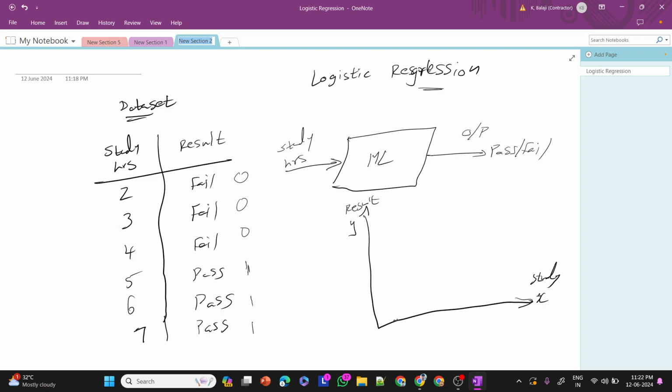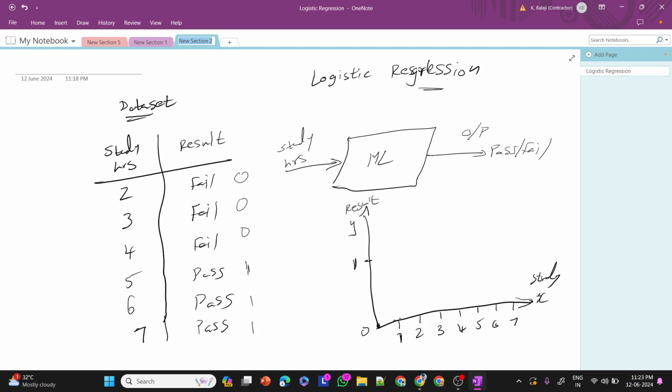Here we have 1, 2, 3, 4, 5, 6 and 7, and here is 0 and here is 1.